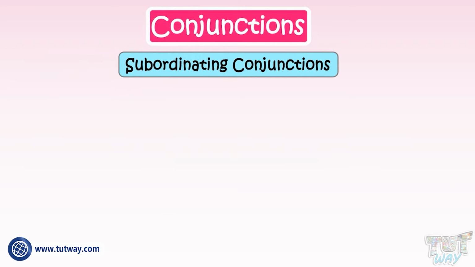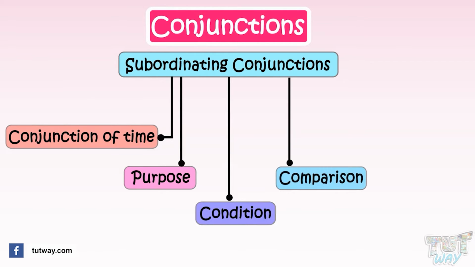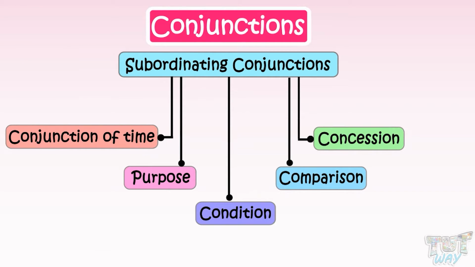Subordinating conjunctions are divided into 5 types according to their meanings: conjunctions of time, purpose, condition, comparison, and concession. Now we will learn about each type of subordinating conjunction in detail.